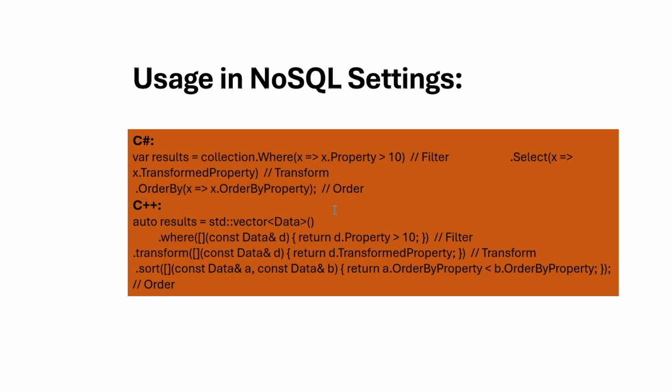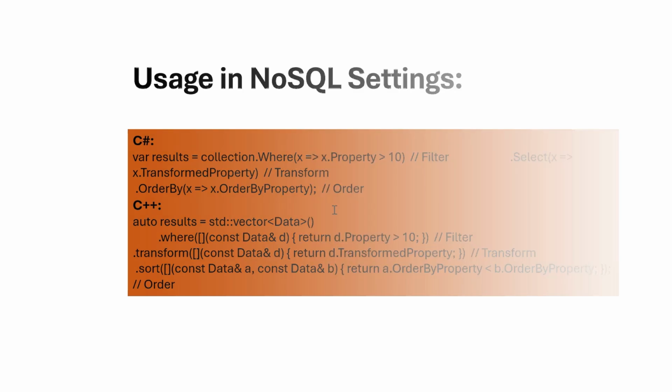Here is an example in C Sharp where we can find any property of variable x which is greater than y, and then we transform that value, and we can order this in ascending or descending order, whatever we need. It is a very simple way of extracting information from a large collection of unstructured data, and in the end we can have a structured way of representing this information.